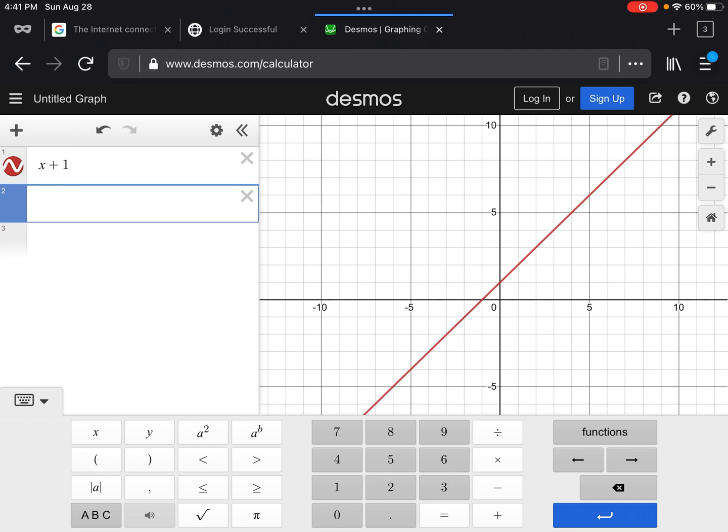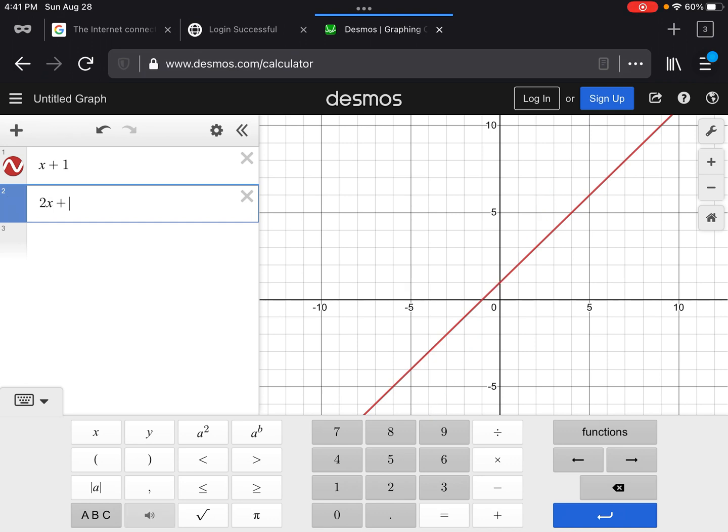It doesn't change a thing. And then for my other equation, I put 2x plus 1. You can do this on a phone, on a desktop, on a laptop, whatever. And there's apps as well for Desmos on iPads and any phones.